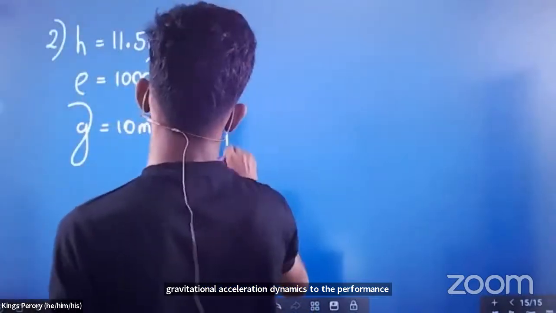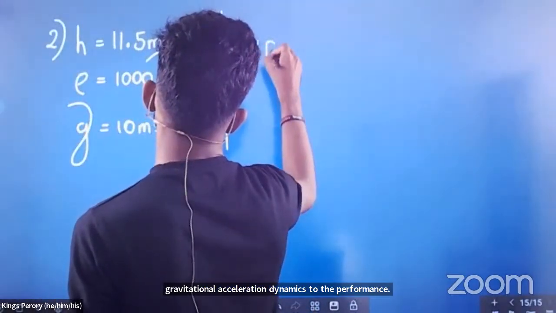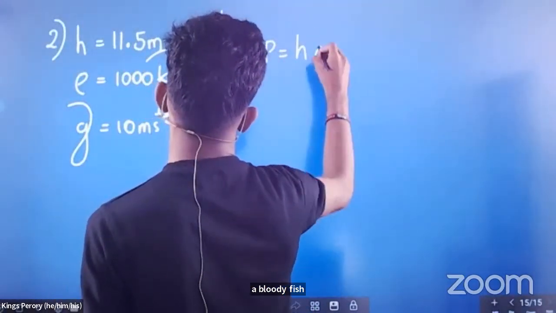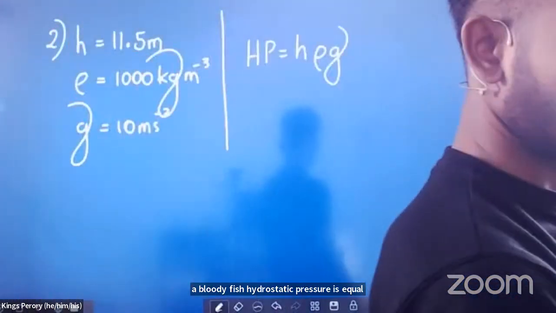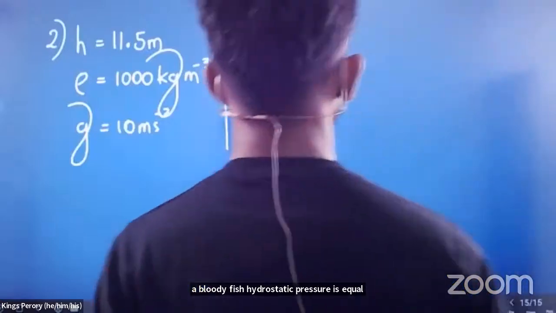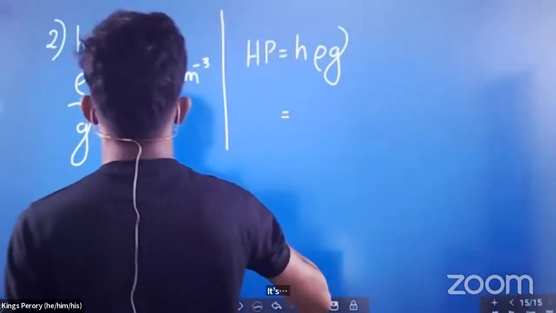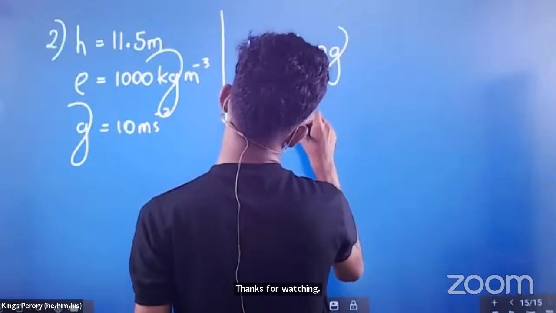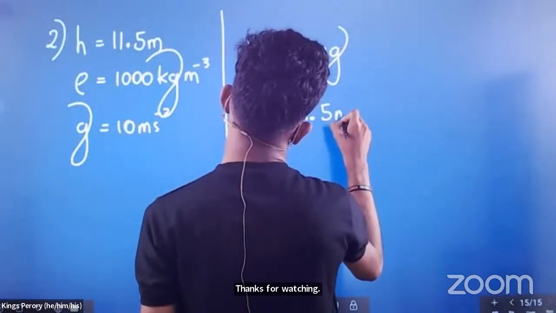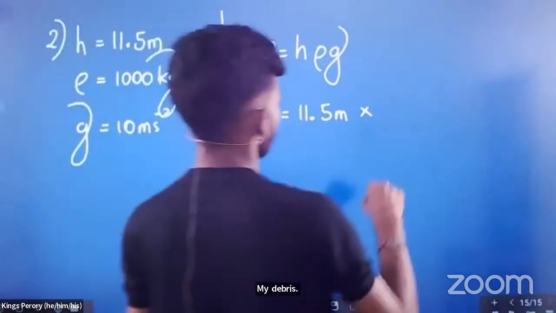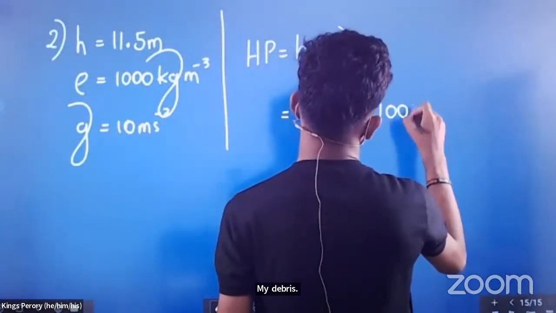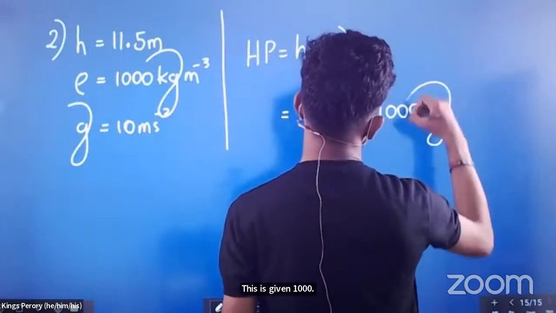Apply the equation. Hydrostatic pressure is equal to h rho g. h is given 11.5 meters. Multiply density, given 1000 kilogram per cubic meter.